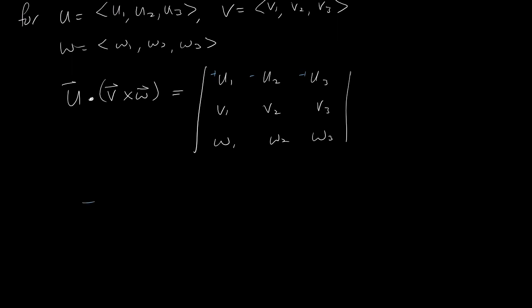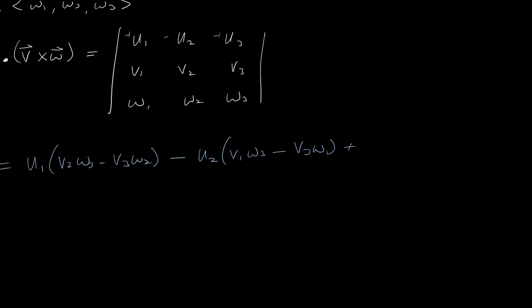Okay. So this comes out to be u1 times (v2w3 minus v3w2), minus u2 times (v1w3 minus v3w1), plus u3 times (v1w2 minus v2w1).